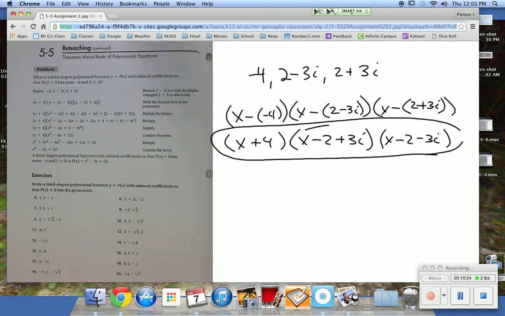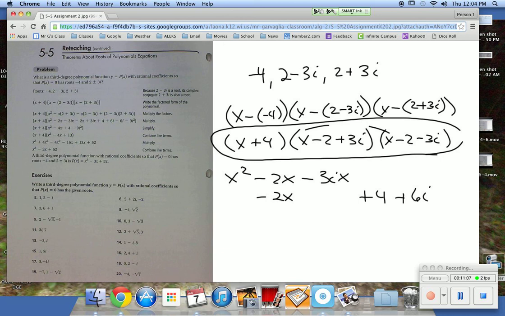I go x, I'd have x squared. I'd have minus 2x. I'd have a minus 3ix. And then I'd have a minus 2x. I'd have a minus, plus 4. And I'd have a minus or a plus 6. That's plus 6i over here. All right.